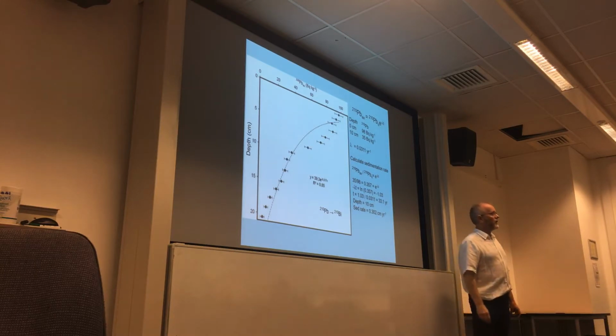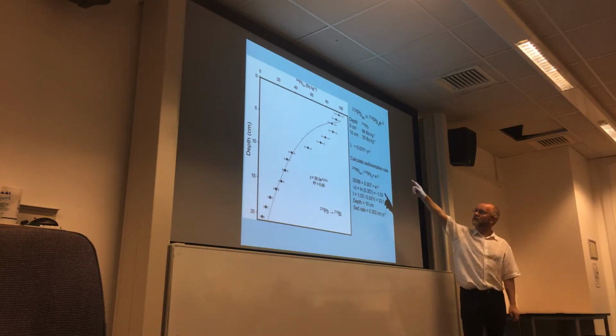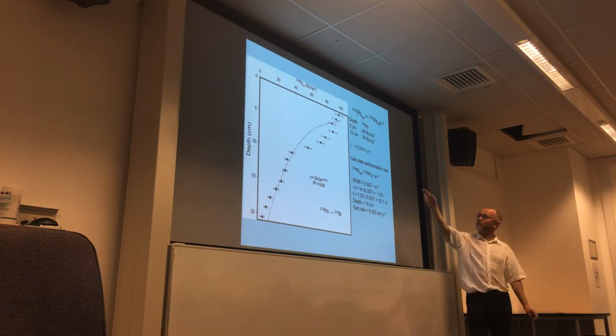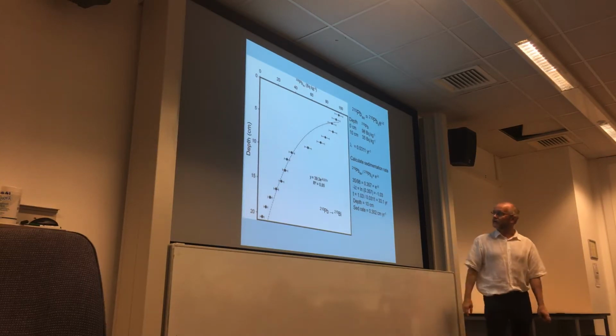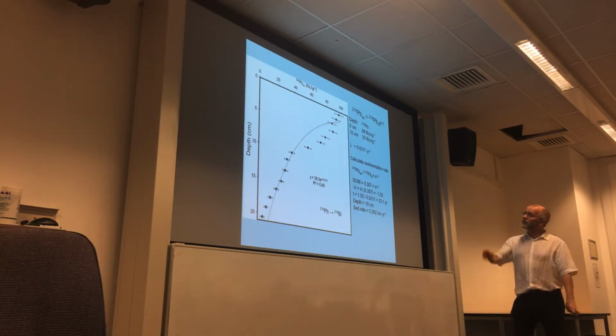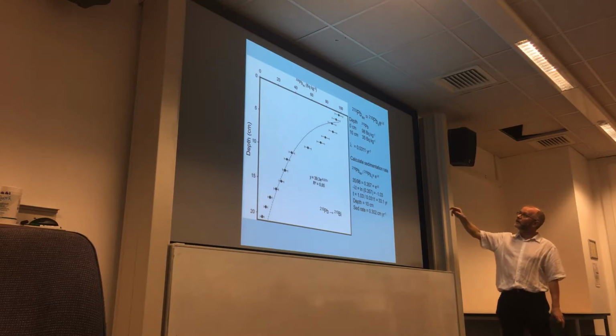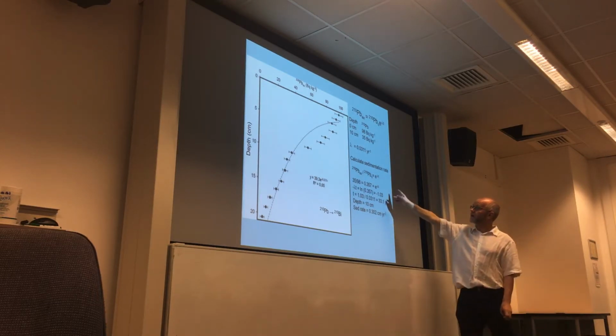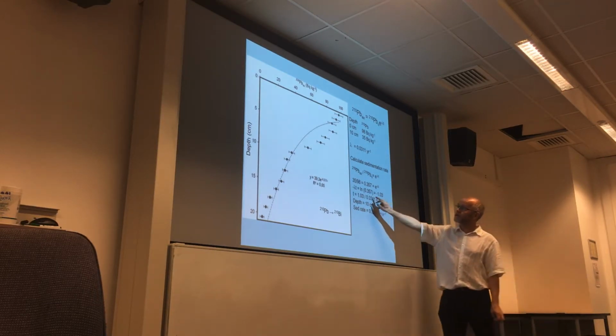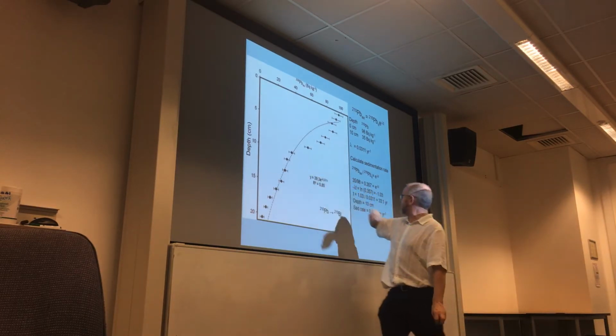The half-life is 22.3 years, so the decay constant lambda is 0.03 years^-1. We can determine this ratio at a particular depth, and that tells us the age of these sediments at 10 centimetres.